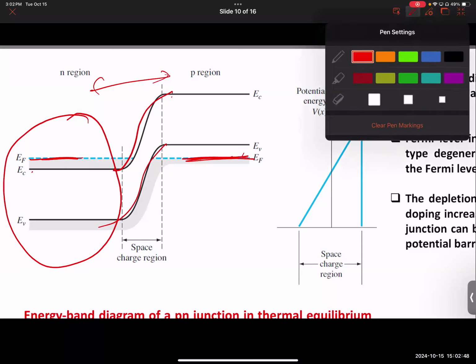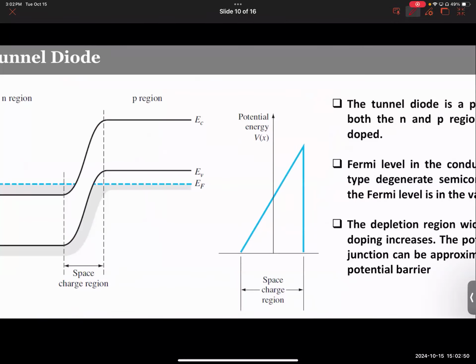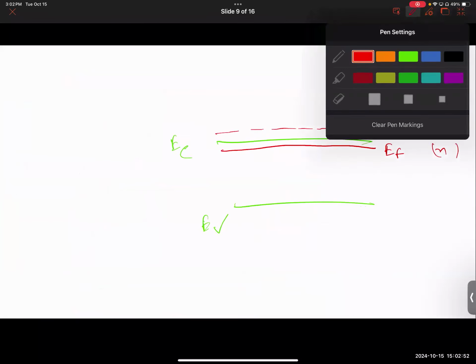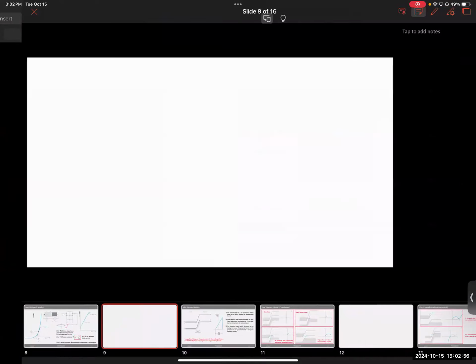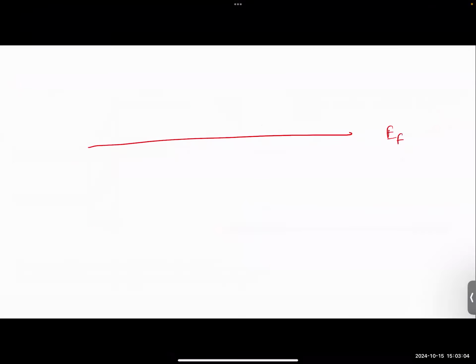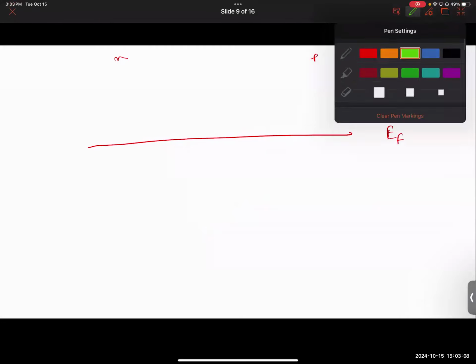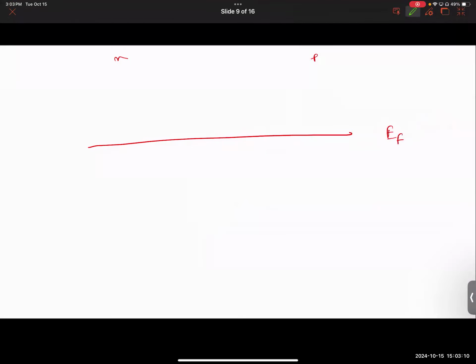Okay. And if you want to learn to draw this from scratch, sure, let me draw it from scratch very quickly. So we always start with a flat Fermi level. Now you need N and P. So for N region, I'm going to first draw the conduction band. Typically, we usually draw the conduction band above the Fermi level, but here we'll draw it below the Fermi level.